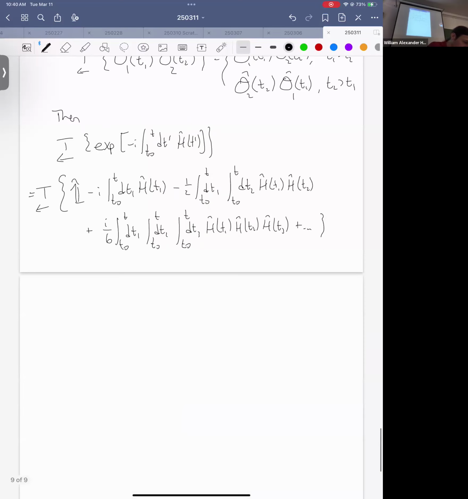I'm sorry that I bore you. What does this time ordering operator do? For the identity operator, it doesn't do anything. For the single operator, the Hamiltonian, it doesn't do anything. That's nice.